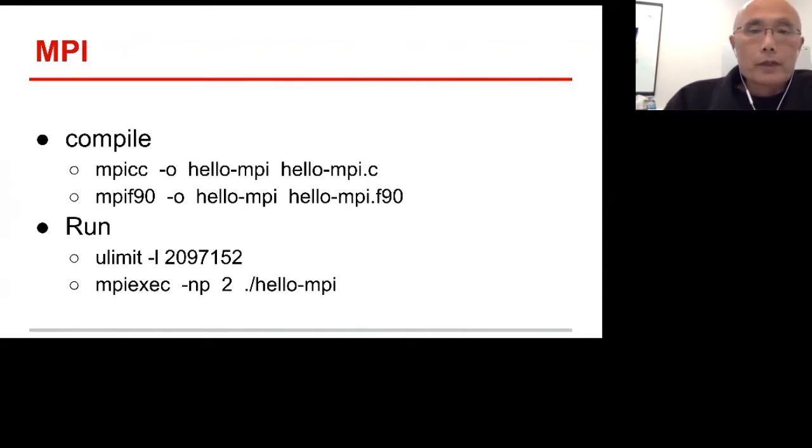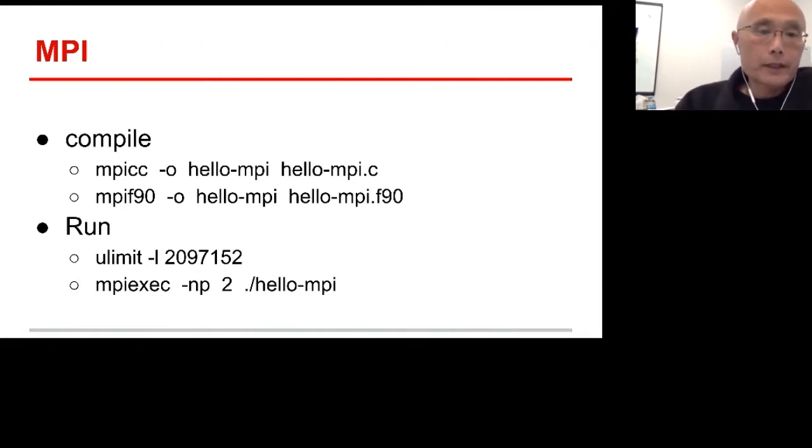Again, I've given an example for C and Fortran. So the C MPI compiler is called mpicc, and the Fortran one is called mpif90, and you can just choose one of these and try compiling. The way you compile looks the same. You have -o and then followed by the name of the executable that you want to create, and the name of the source code file.